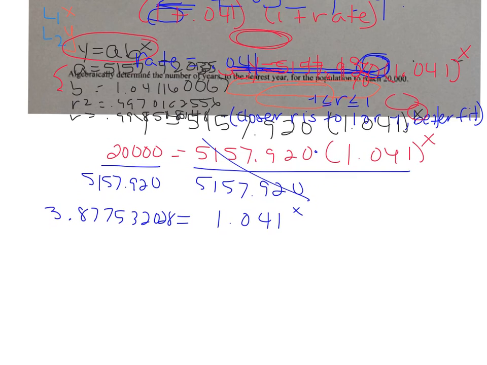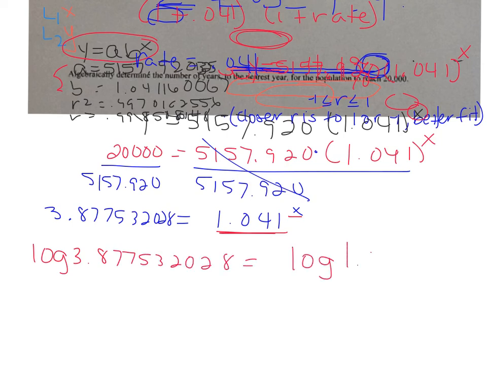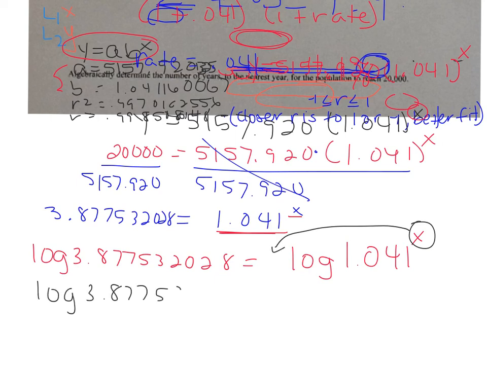All right, so now there's nothing else to do because I have this base that has an exponent. Now we use log, so it's log 3.87753228 equals log 1.041 raised to the x power. Remember the rule, the exponent goes into the front, so it's log 3.87753228 equals x log 1.041.